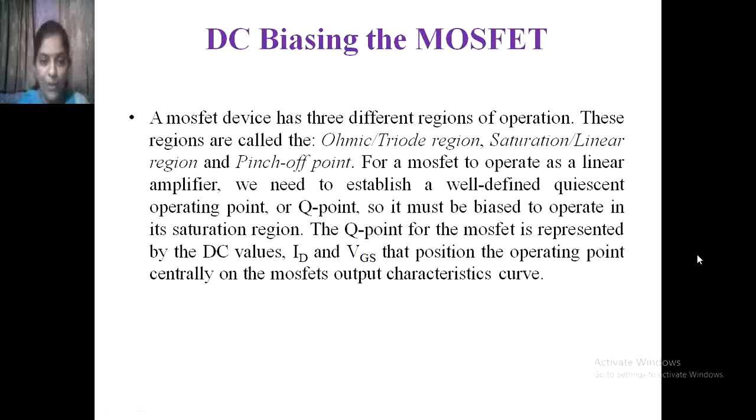Q point is nothing but the quiescent operating point. It is biased in the saturation region because in the saturation region the FET acts as a good amplifier. So when we want the MOSFET as a linear amplifier, we have to set the Q point in the saturation level such that it provides stable amplifying operation.